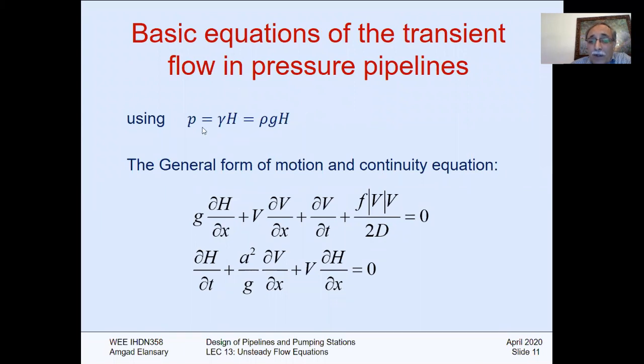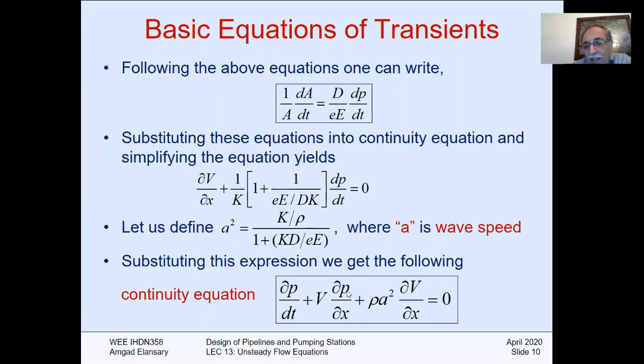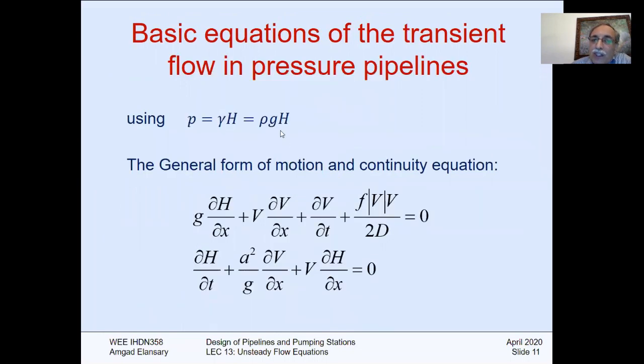Remember, we all know from fluid mechanics that P, pressure intensity, equals gamma H, so equals rho g multiplied by H. So if I take out P and put rho g H instead and arrange, I can write this equation of continuity again with H. Here I wrote the momentum equation in this form, with f, the Darcy-Weisbach friction factor, and V and absolute V. This is written without sign, without plus or minus, so you can put this form to give the indication of the sign of the velocity.